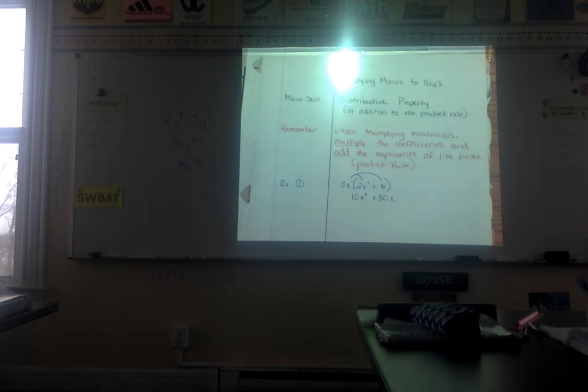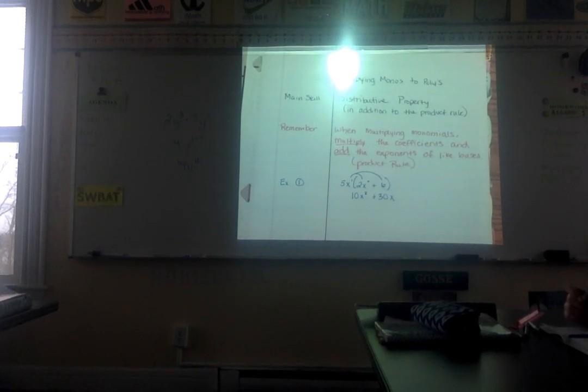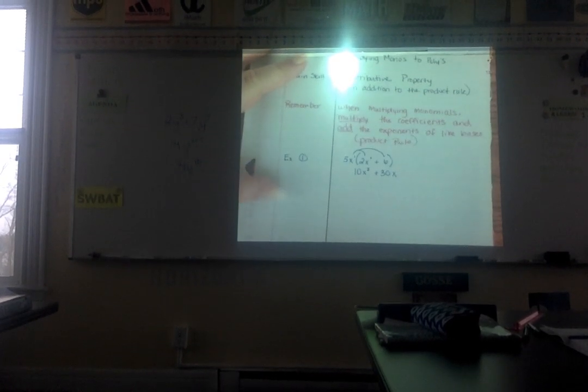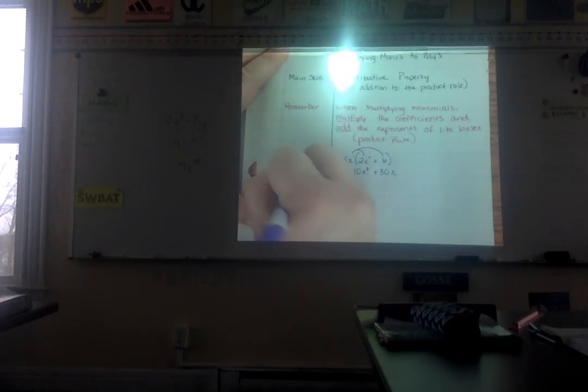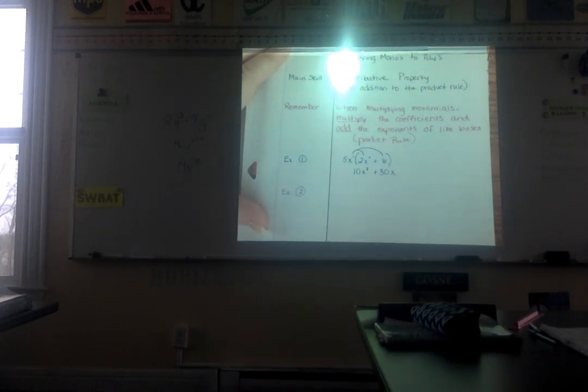That one's a very simple one, so now we're going to take it up a notch, okay? I am going to switch colors. So here is example 2. We're going to distribute a monomial to a trinomial now.